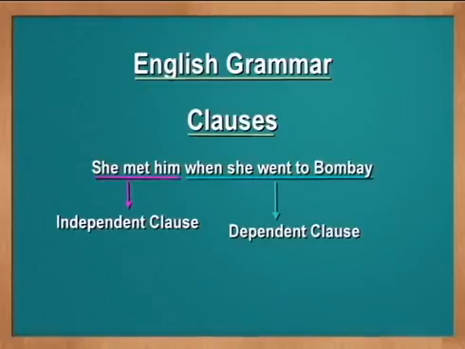"She met him" is the independent clause, and "when she went to Bombay" gives added information about "met." So, this is a dependent clause that helps the verb "met." Hence, this is an adverbial clause.